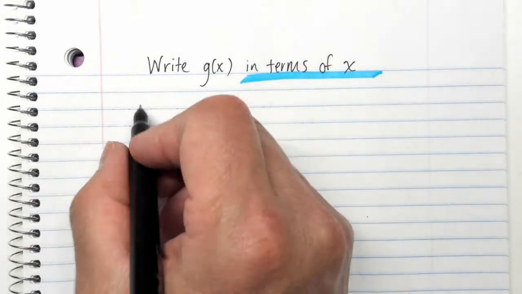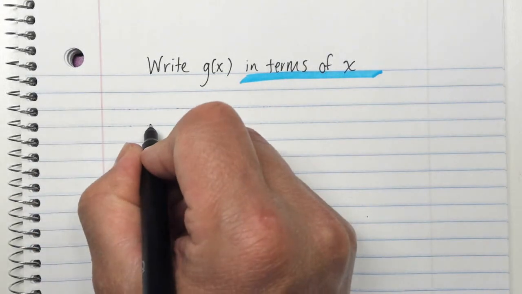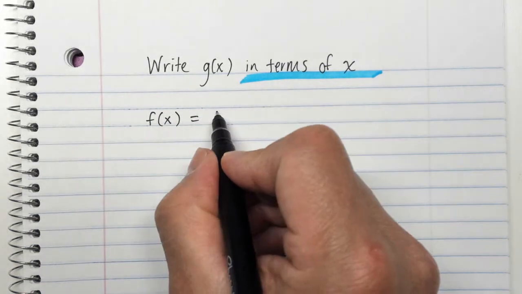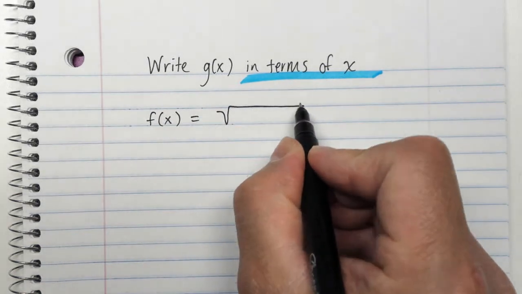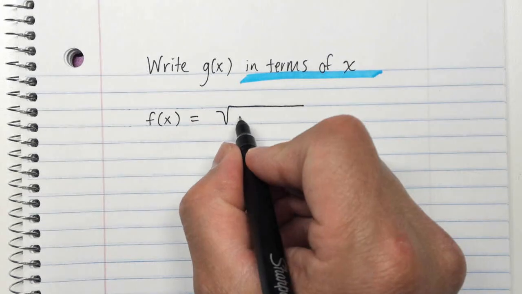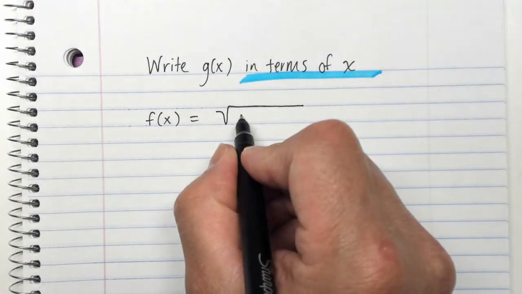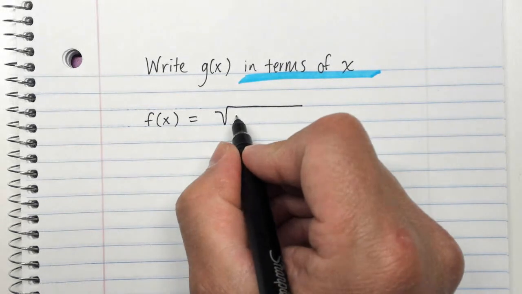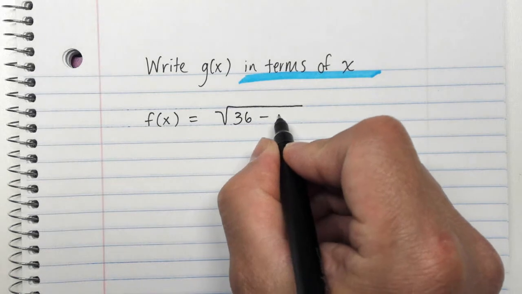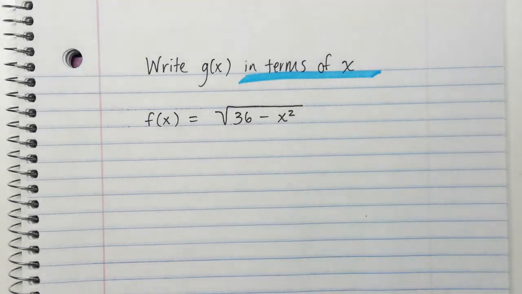They give you an original function, which I'm just going to make up. I know it's a semicircle, and all semicircles have this particular form. You might remember this from trig last year.